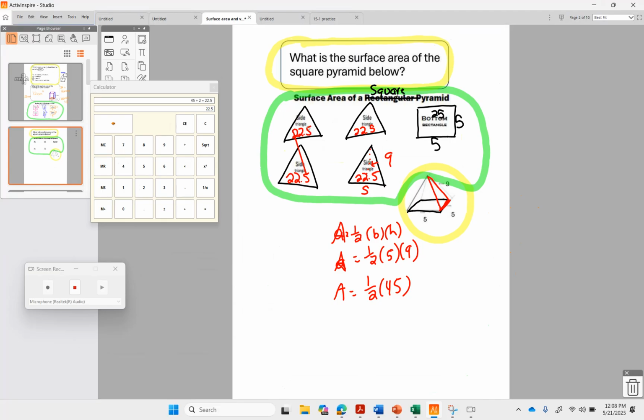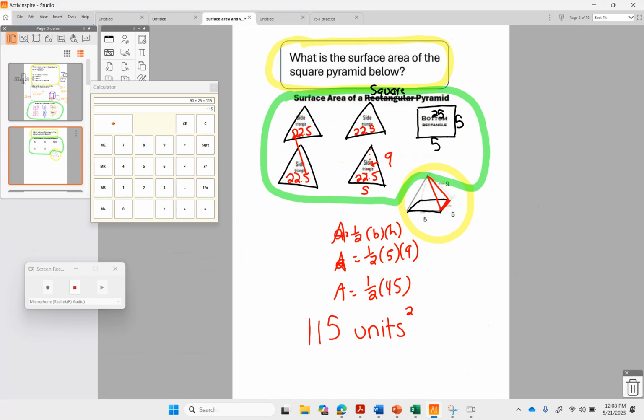So I'm going to just do it the easy way. I'm going to do 22.5 plus 22.5 plus 22.5 plus 22.5. So far we're at 90, okay? And then I have to add the bottom. So 90 plus 25. So the surface area is 115, and this doesn't have a label, so I'm going to say units to the 2nd power.